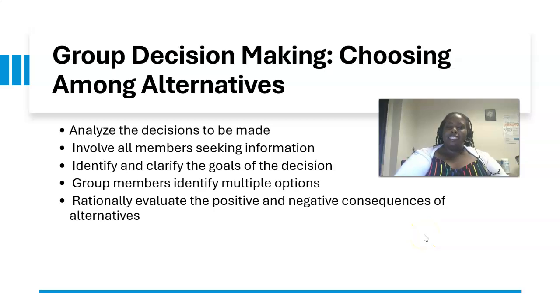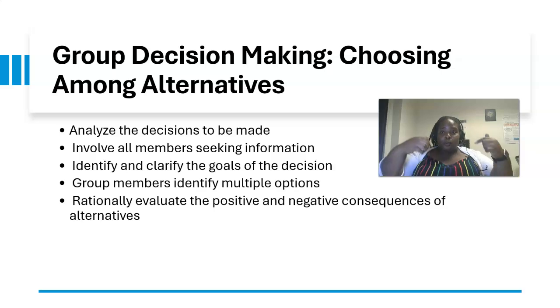So, group decision making, choosing among alternatives. Unlike doing the project by yourself, where you make the decisions based on the parameters given to you, you have other people to think about, and other people have to think about you. So, the ways you do this are analyzing the decisions that need to be made, involving all members in seeking information, identifying and clarifying the goals of that decision, and group members identifying multiple options.